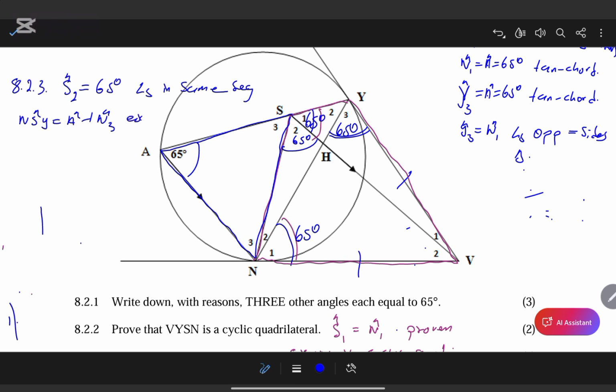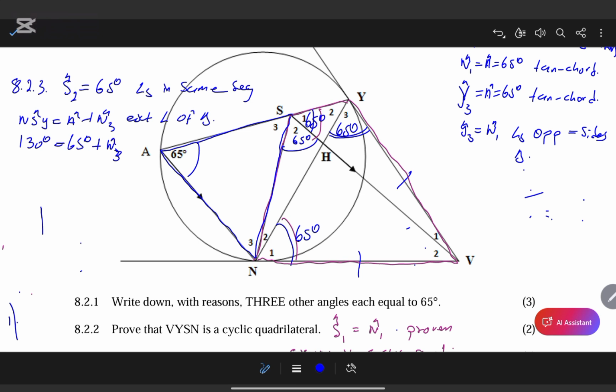This is exterior angle of triangle NSY. So that means this 130 degrees is equal to 65 degrees plus angle N3.